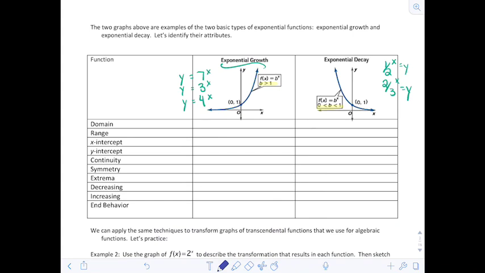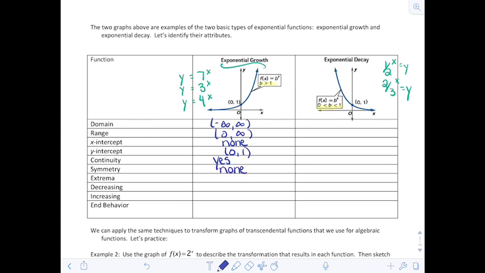So for exponential growth, the domain is negative infinity to infinity. The range is 0 to infinity. The x-intercept, there is not one. The y-intercept is 0, 1. Continuity, yes, absolutely continuous. Symmetry, there is no symmetry.